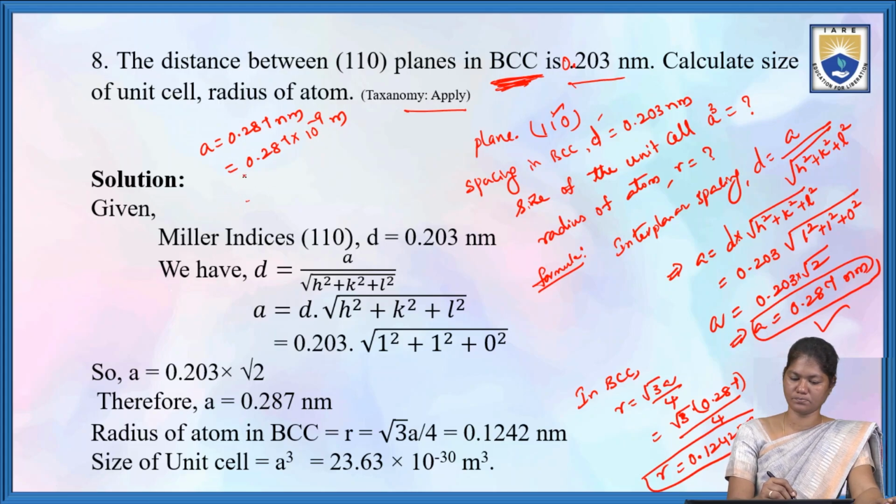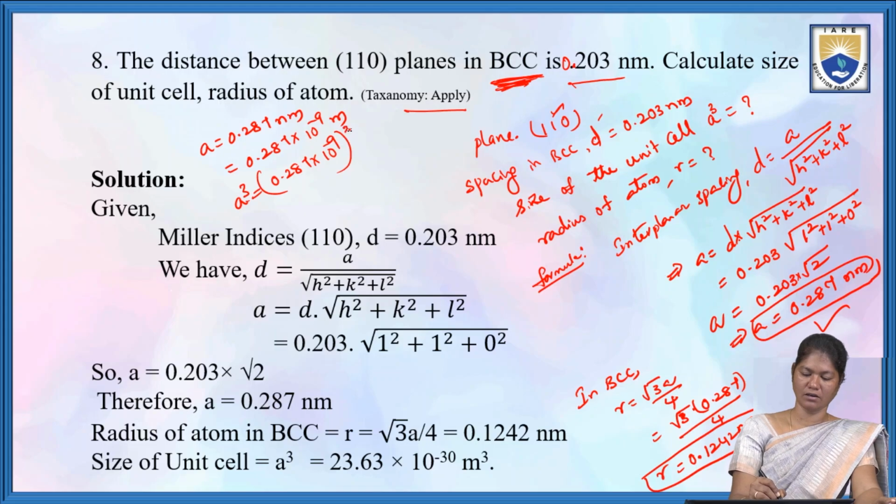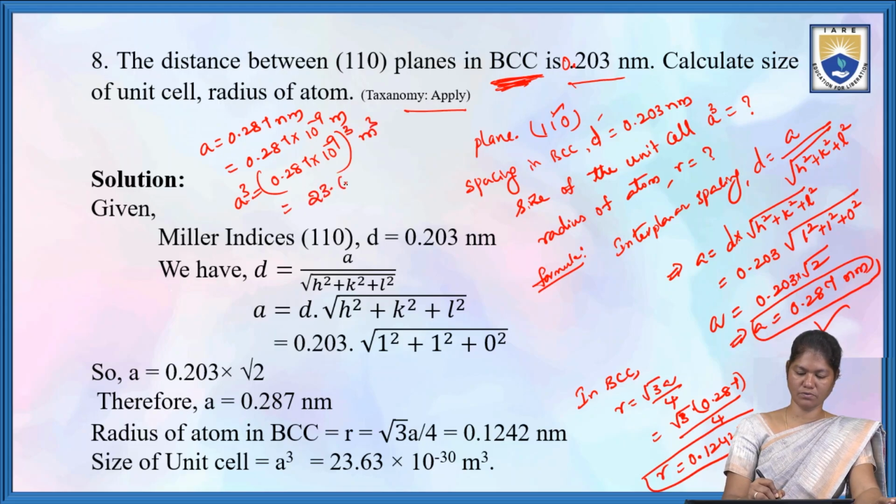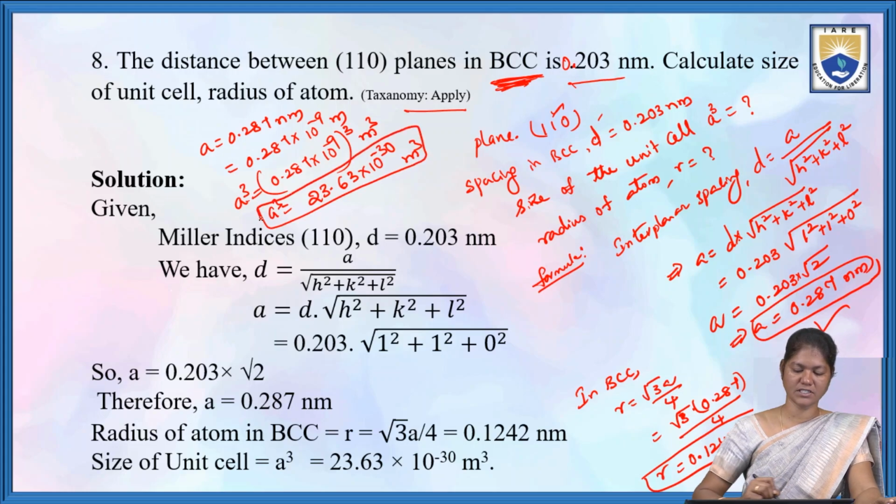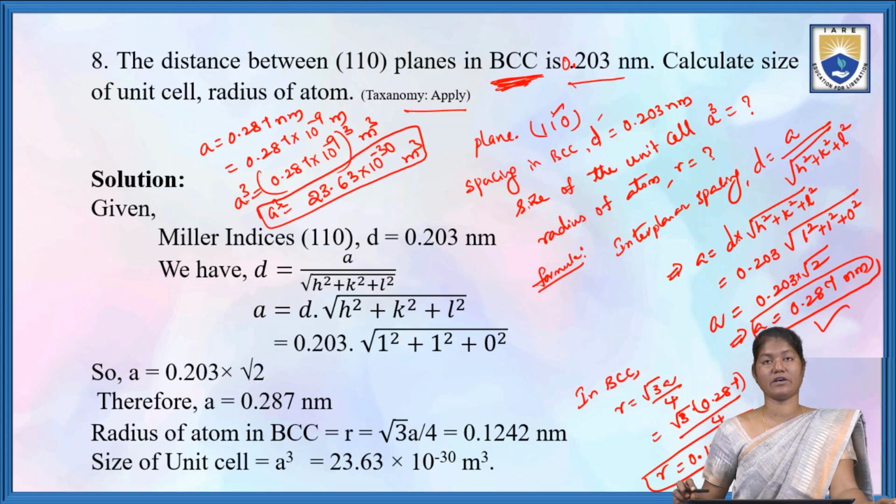Okay, so when taking a cube, 0.287 into 10 power minus 9 whole cube meter cube, it would come to 23.63 into 10 power minus 30 meter cube. This is the size of the unit cell which has the BCC structure.